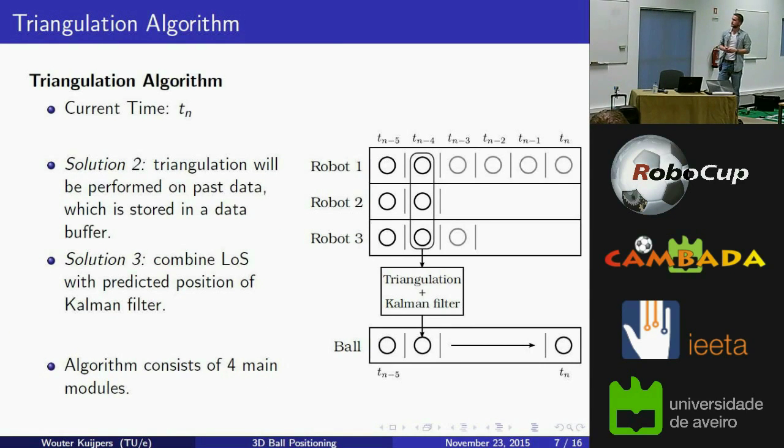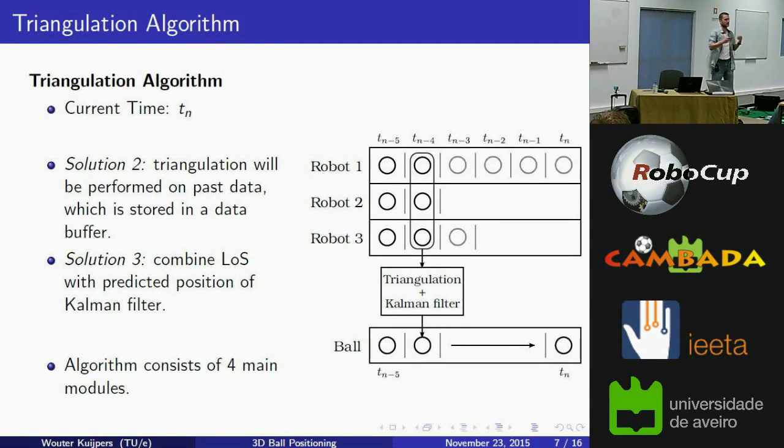So then for the triangulation algorithm, suppose we're now at time tn. To solve the challenges I stated, the following solutions we came up with: with the communication delay, we want to tackle that in the way that we're not evaluating tn, but we're evaluating the moment in time when all the data, or some set of data, has arrived from the other robots.